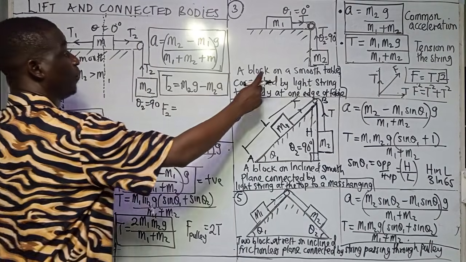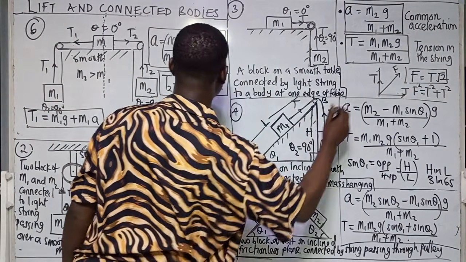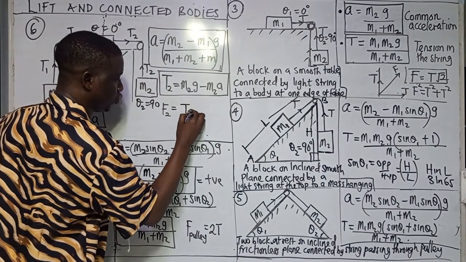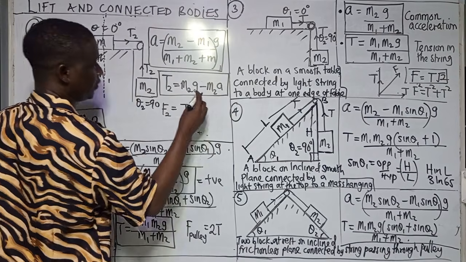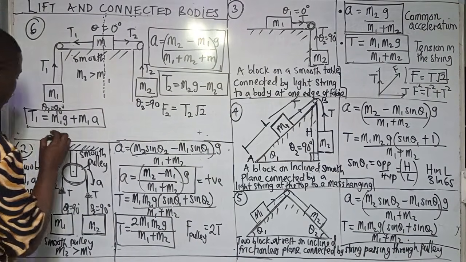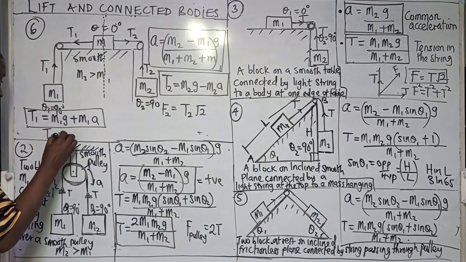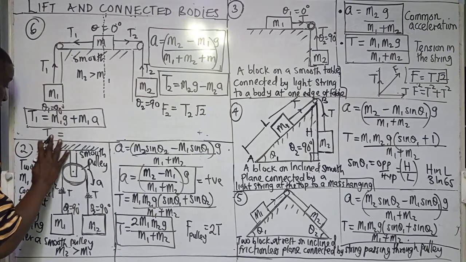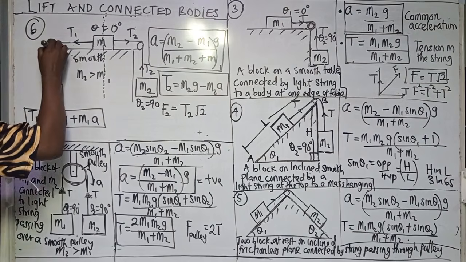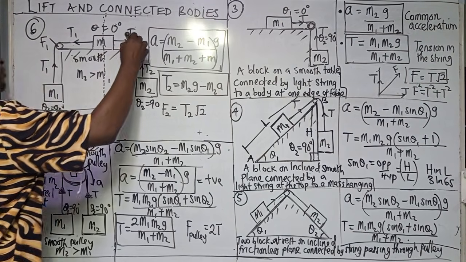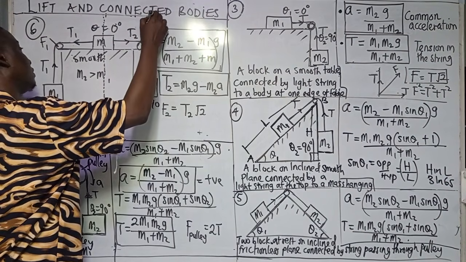So if I want to use the formula to calculate the force in the pulley, I will use this one. To calculate the force in the pulley, I will use T2 with 2 for this. Then for this one, I will use T1. The force in the pulley of this one is F1. The force in the pulley of this one is F2.